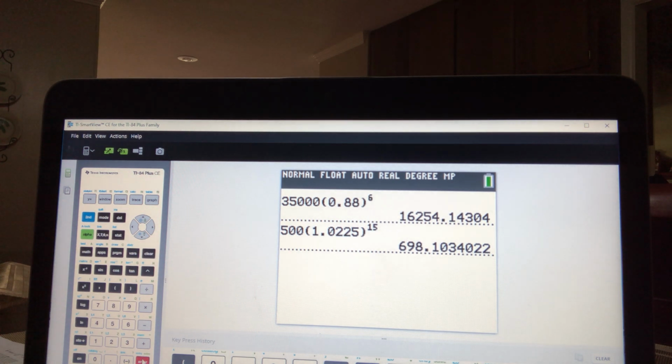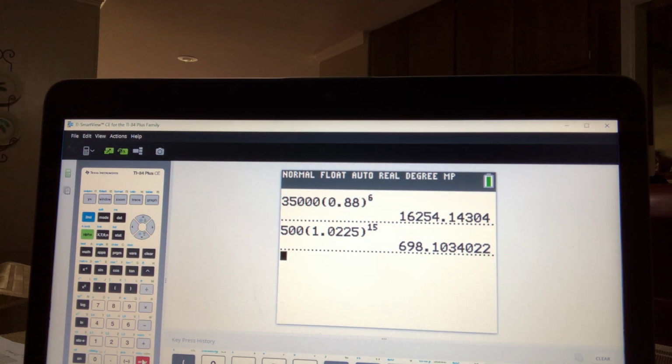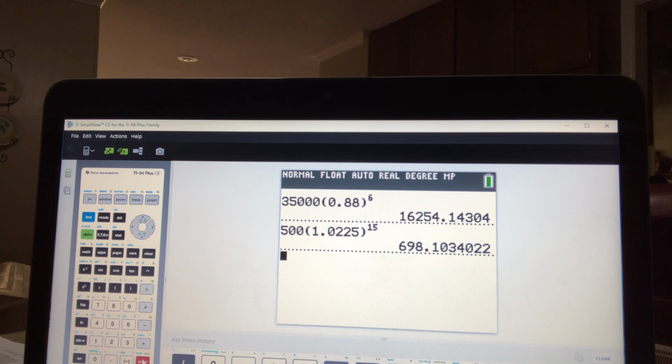Okay, so notice that this is the answer that you should get, but this is a population of bears. So since bears are living things, you would not want to give a decimal answer. So I would say round down in this case because it was only 698.1. It wasn't enough for the extra bear. So I would put down for this one just 698 bears, no decimals.